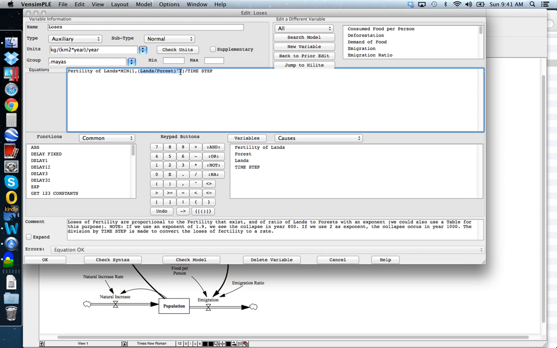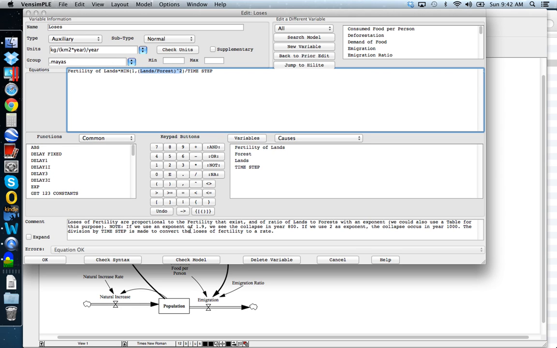This means that if the amount of land you're cultivating compared to your forest availability is larger than 1, and you square that, and this is just an empirical relationship, then if this goes beyond 1, you're going to be losing fertility.